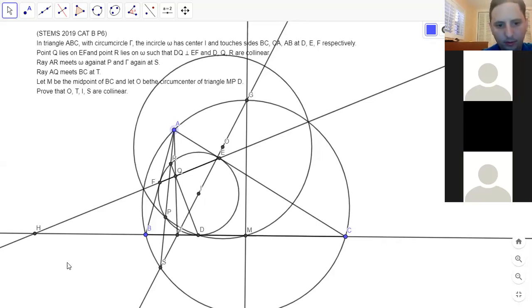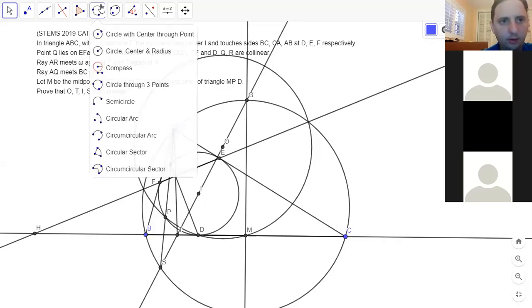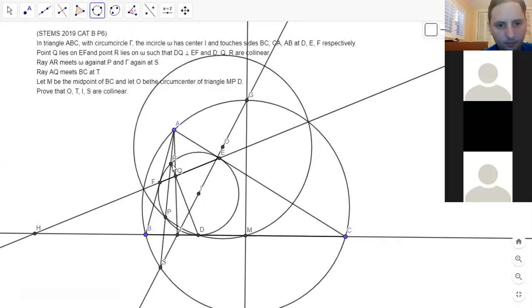Is RQST cyclic? Let's check. No. So we want to show PD is the polar of T, right?